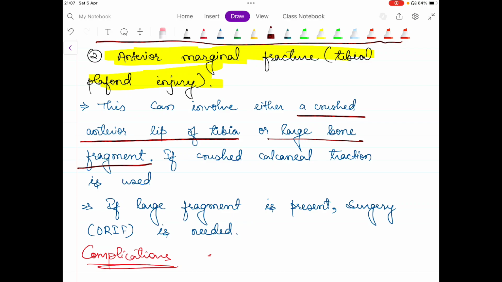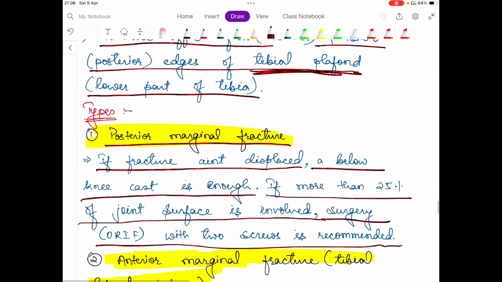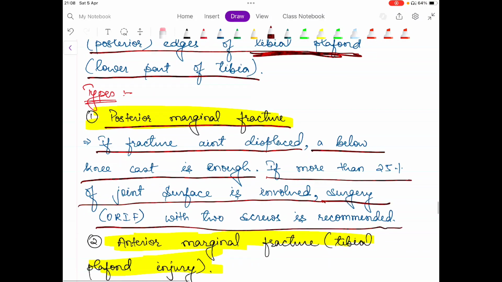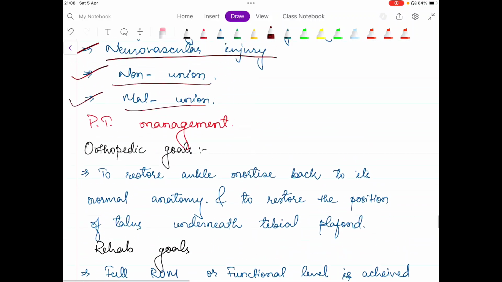If the anterior lip of the tibia is crushed, then calcaneal traction is used, and if a large fragment is present, then surgery or ORIF is needed. So this is about the treatment or the surgical part of the ankle fracture.